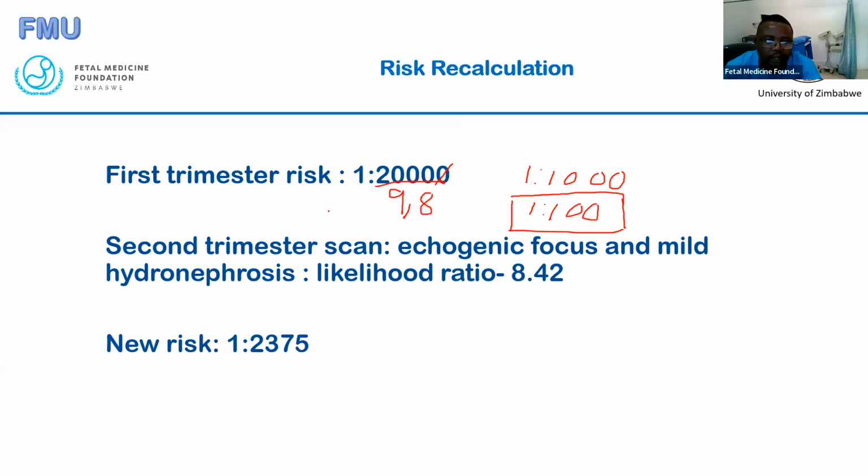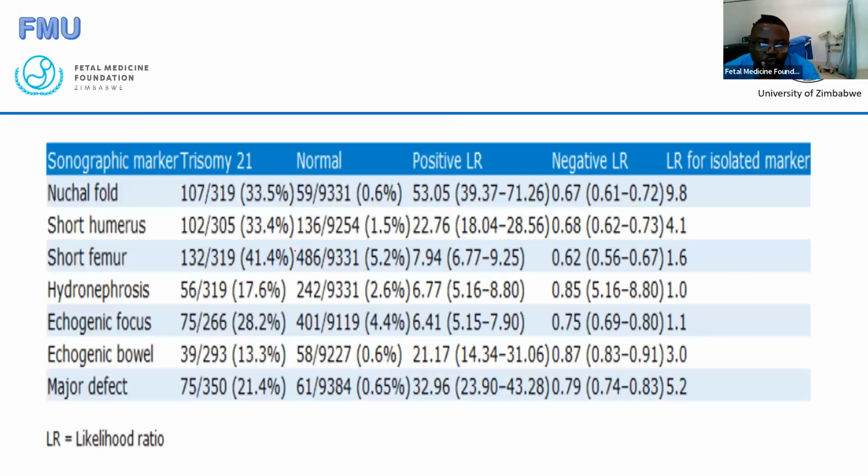But if we take a scenario whereby we have 2 markers, let's assume we have both an increased nuchal fold and a short humerus here, we are going to multiply these 2 and the negative likelihood ratio, because these other ones are absent. So we're going to use the negative likelihood ratio here, and multiply with all these negative likelihood ratios.